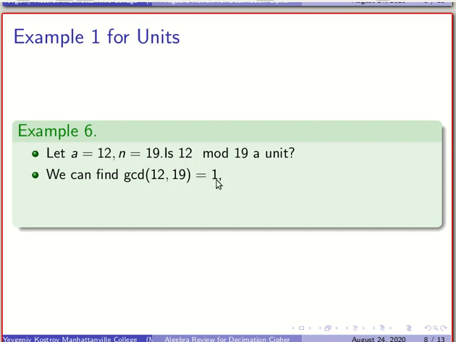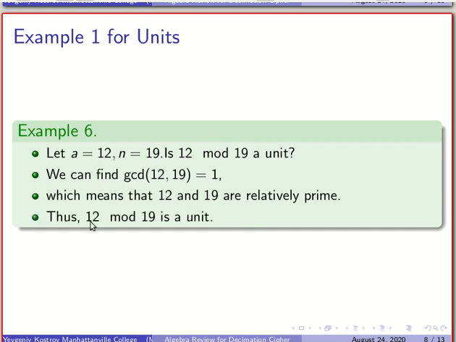So 1 would be the greatest common divisor. That means that 12 and 19 are relatively prime. And we can conclude that this quantity over here is a unit. That's our conclusion, because 12 and 19 are relatively prime.